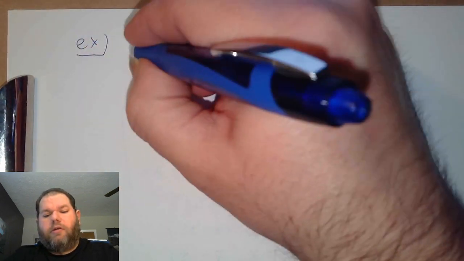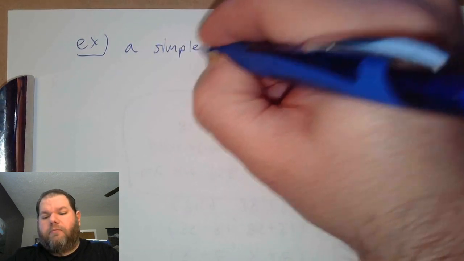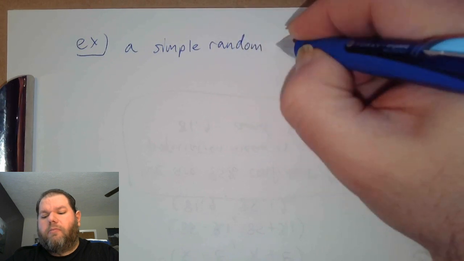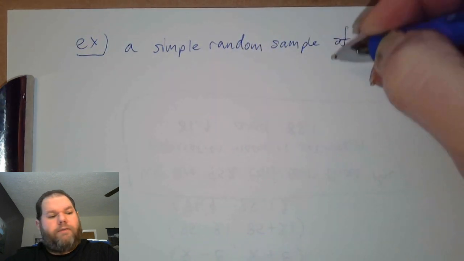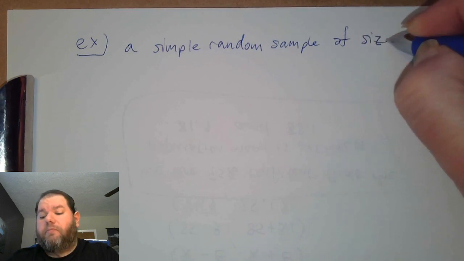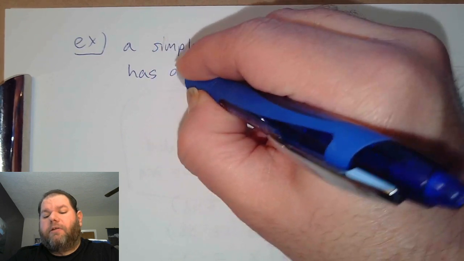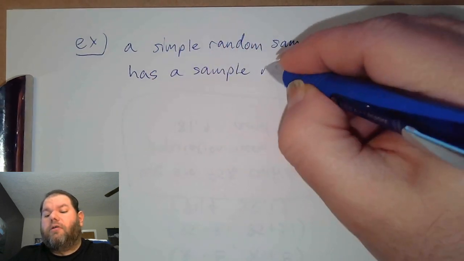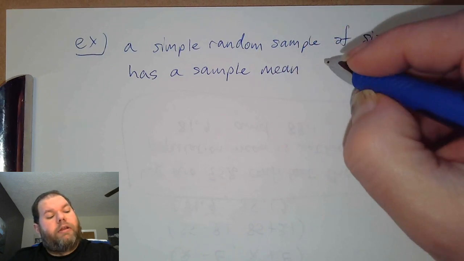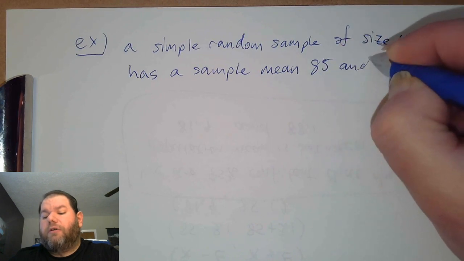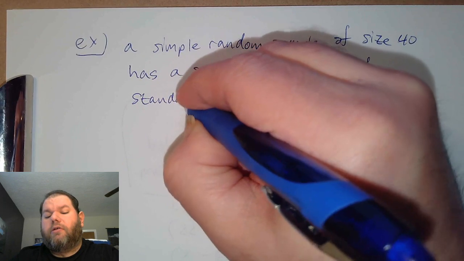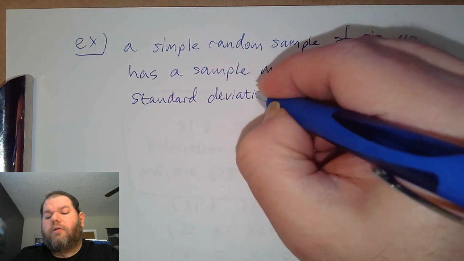Let's look at a problem where sigma is unknown. A simple random sample of size 40 has a sample mean of 85 and standard deviation 10.